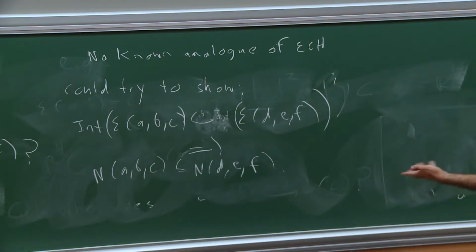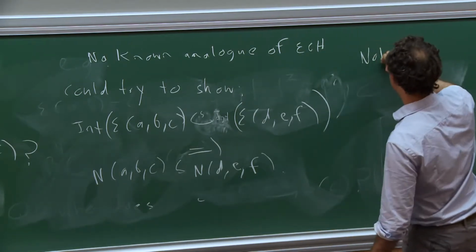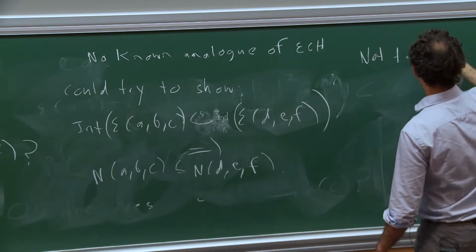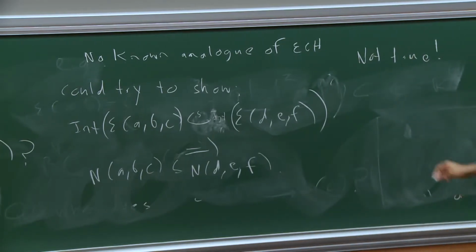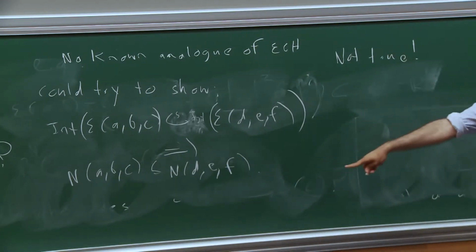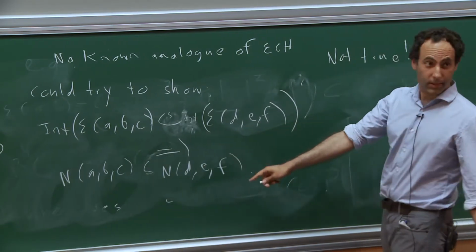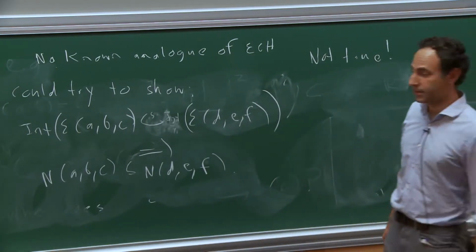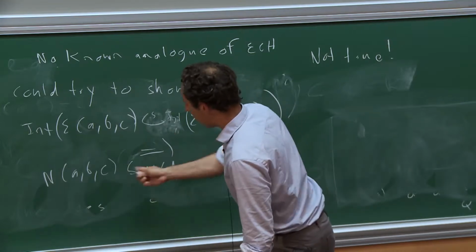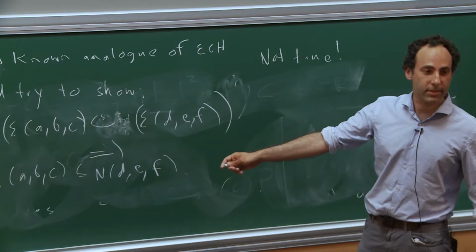But unfortunately, this just isn't true. We'll see a little bit later why. Some of you may have heard of the work of Guth on the non-existence of intermediate symplectic capacities, and that can be used to show this, for example. So even this combinatorial sequence is just not the right thing.